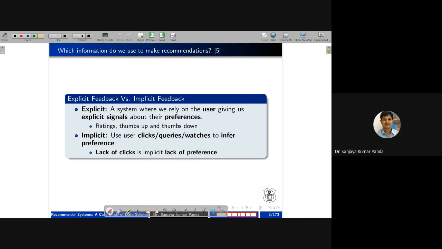If you are happy with that particular solution, you can click thumbs up. If you are not happy with that solution, then you have to click thumbs down. So in all these cases you can see the user is providing you an explicit signal, but the user is not always going to give you an explicit signal.